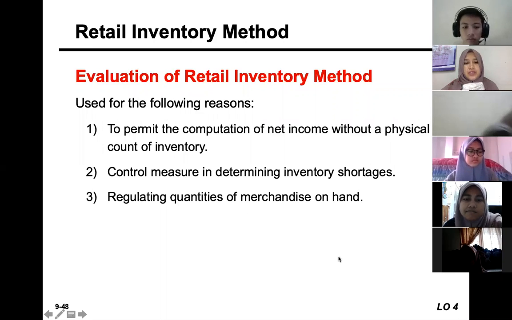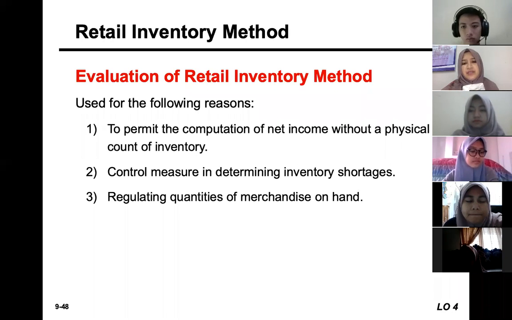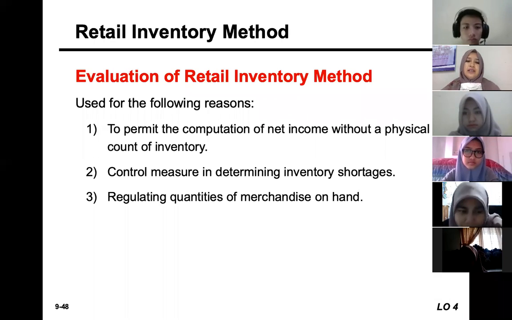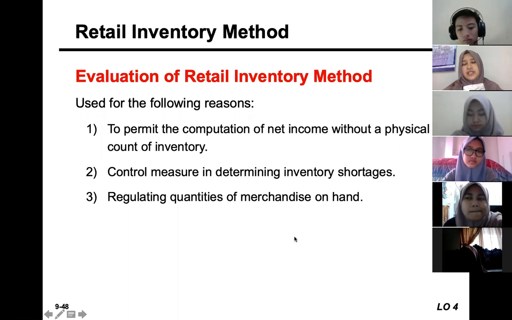Also, the companies use that to regulate the quantities of merchandise on hand. So they would see the pattern of goods available for sale, and then whether it is too much, it doesn't match with the demand for the products by comparing with the cost of goods sold and the ending inventory that they have. So basically, they can coordinate the overall quantities of merchandise on hand.